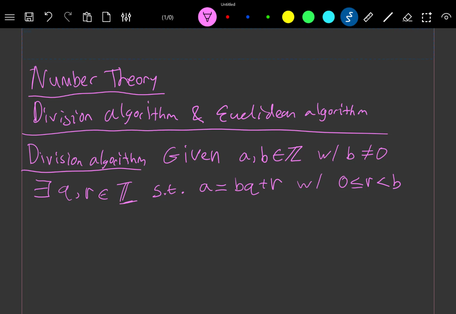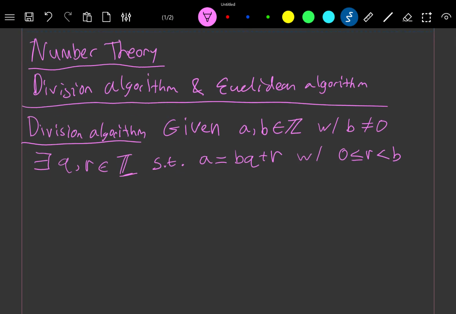And so this is what the division algorithm says. Furthermore, it's unique. So this exclamation point after the E says there exist unique integers q and r.